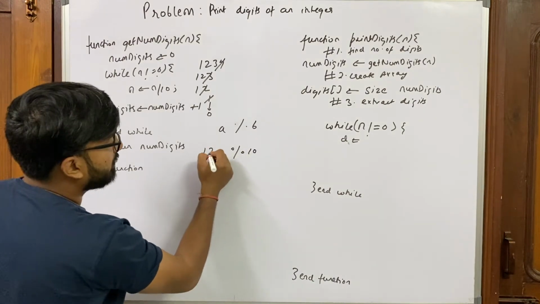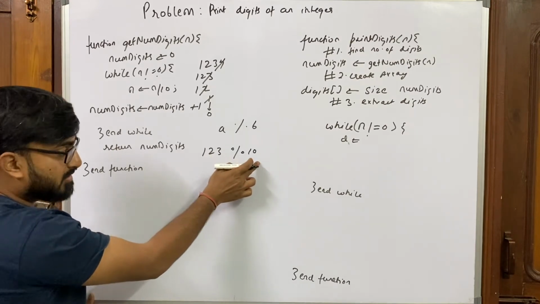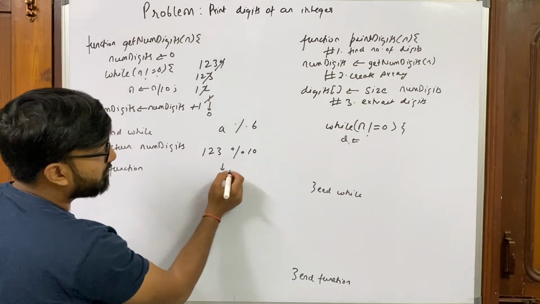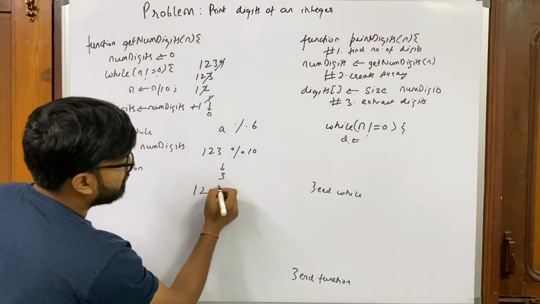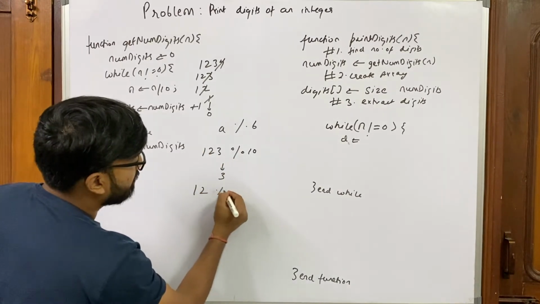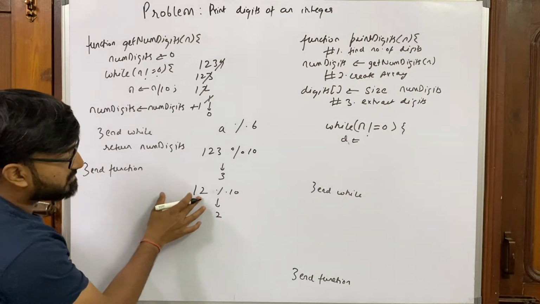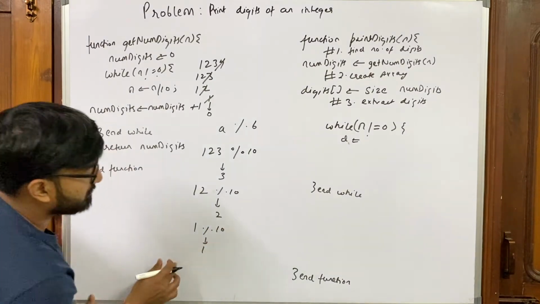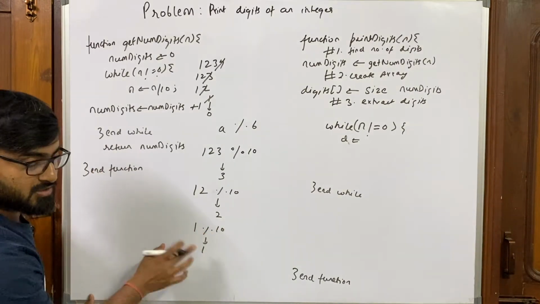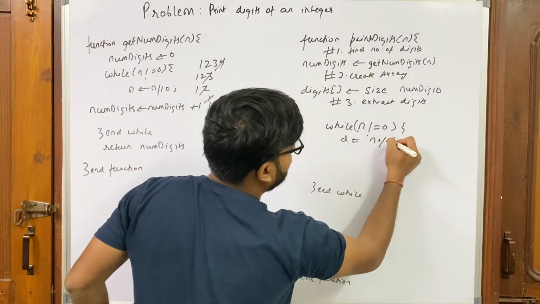For example, 1, 2, 3 %10 will give you the remainder when 1, 2, 3 is divided by 10. So the remainder in this case would be 3, because 10 into 12 is 120 plus 3. In this case, 12%10, you get 2. Okay, because remainder when 12 is divided by 10 is 2. In this case, you get 1, because when 1 is divided by 10, the remainder is 1. Alright. So d is basically n%10.